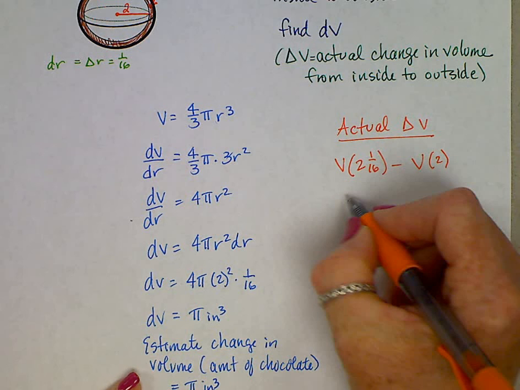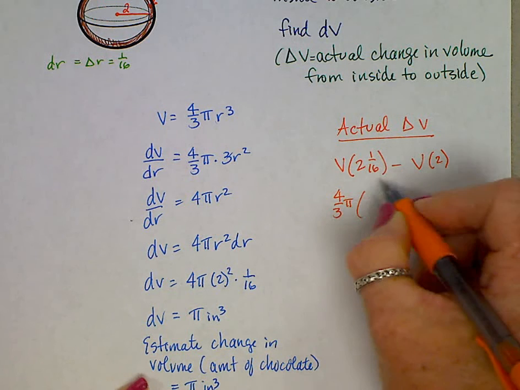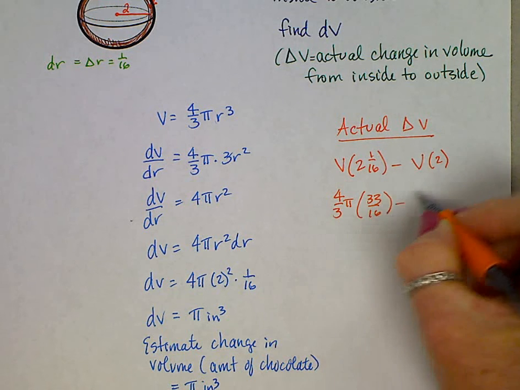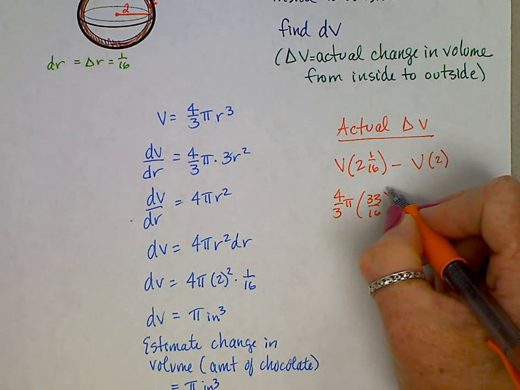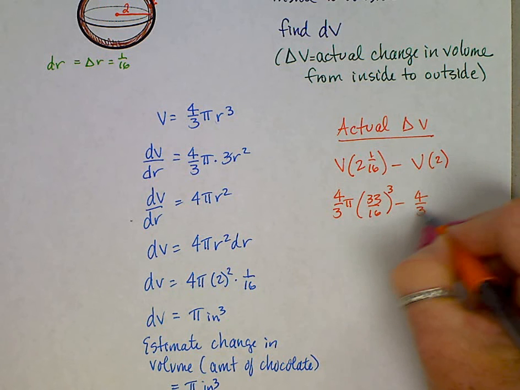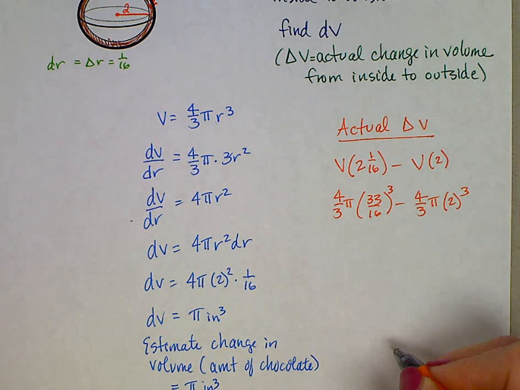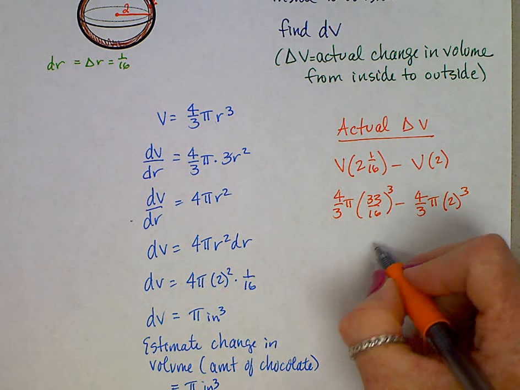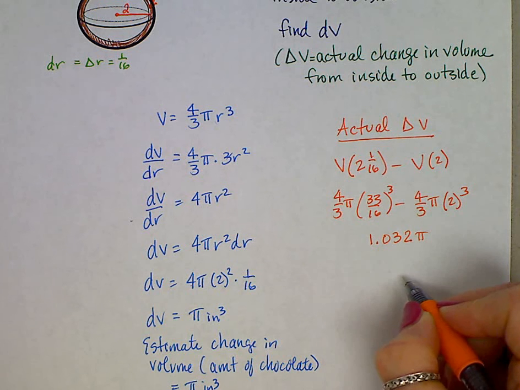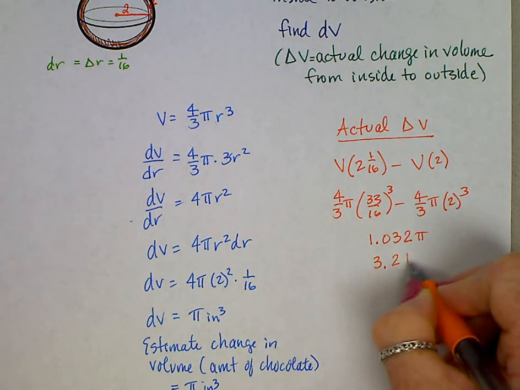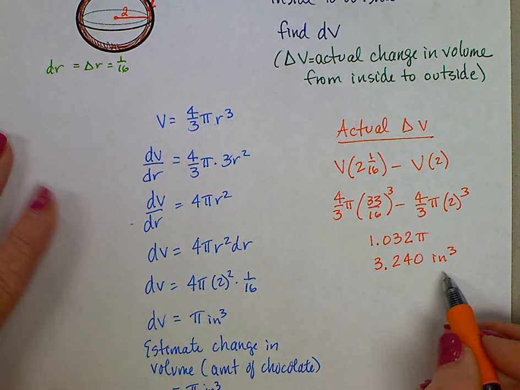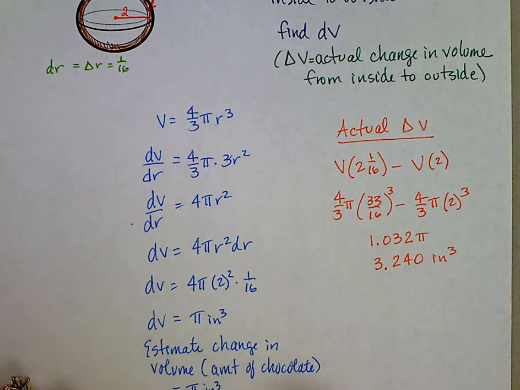Let's see, 4/3 pi times, I'm going to change this to an improper fraction, 33 over 16 cubed, minus 4/3 pi times 2 cubed. And when you zap this into your calculator, you will get 1.032 pi, which when you multiply that out is 3.240 inches cubed. That's volume. 3.240, close to pi? Sure is.